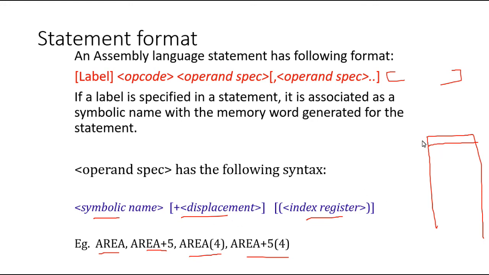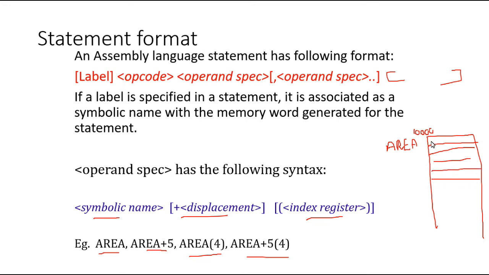For example, we have area. Just imagine in your main memory you don't know an address location. Maybe that address location, for the sake of learning, just imagine this is 10,000. The area begins at 10,000. Then there are many things. Area plus 5 means, think about area just like an array. There are some 10 or 100 elements in the array.